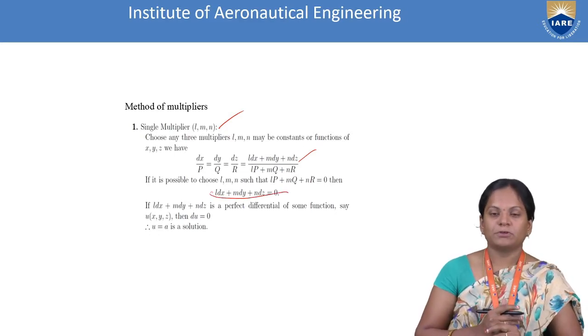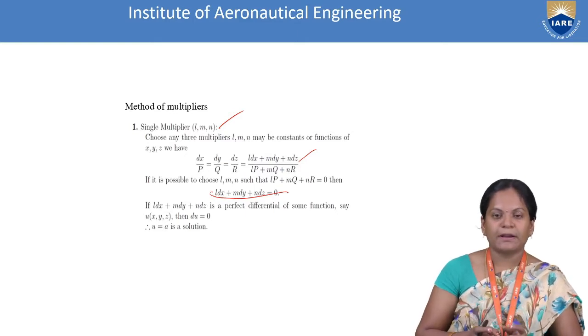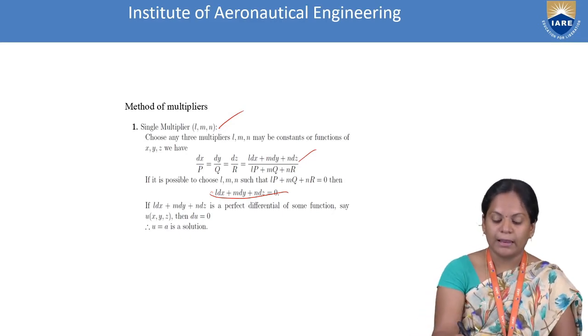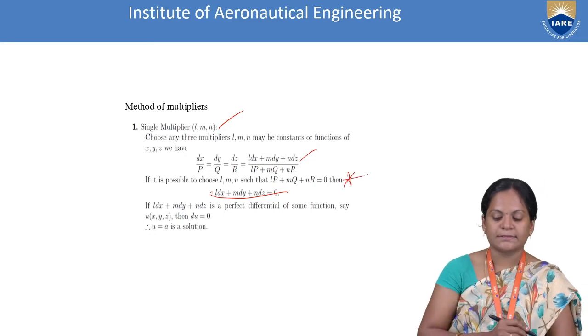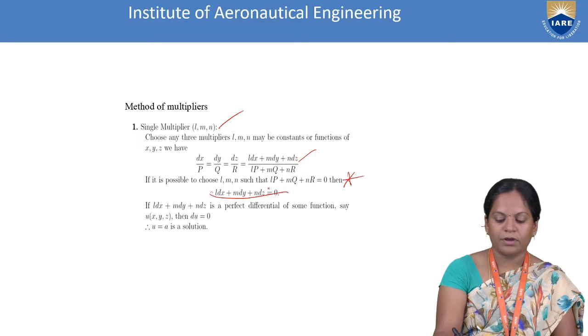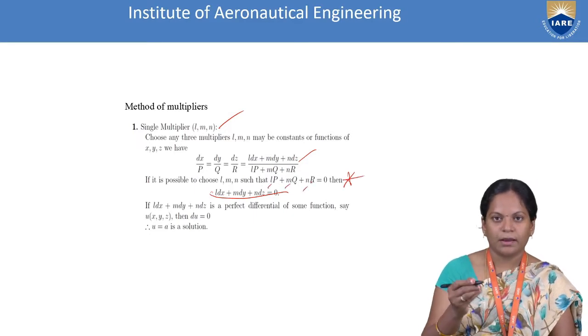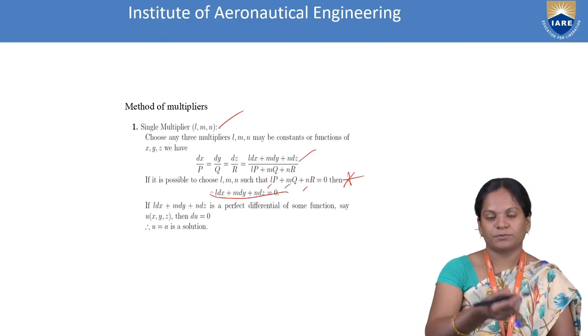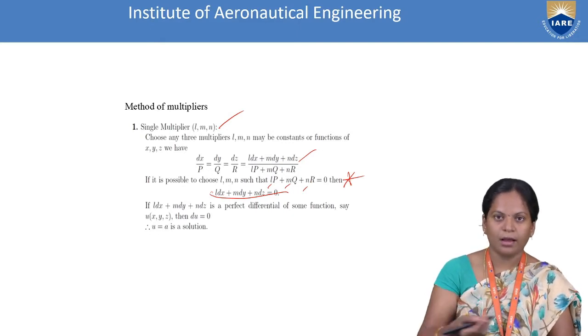If it is not possible to use grouping, we can choose the multipliers. Those multipliers are constants or functions of x, y, z. What is the condition here? If we take l, m, n as multipliers, definitely lP plus mQ plus nR must be equal to 0, where P, Q, R are the coefficients of small p, small q and r.